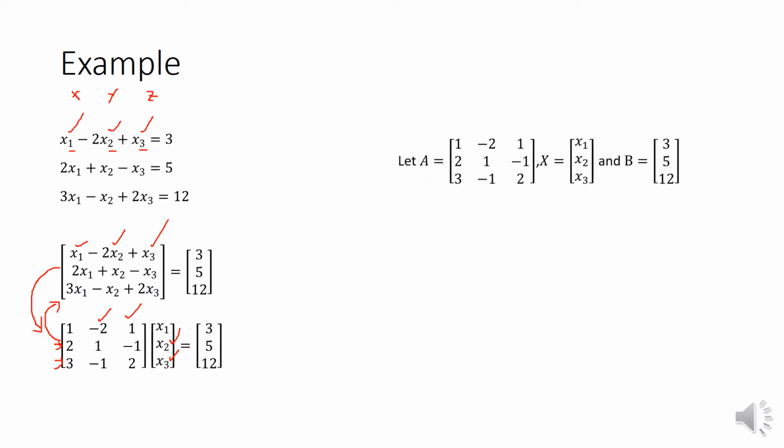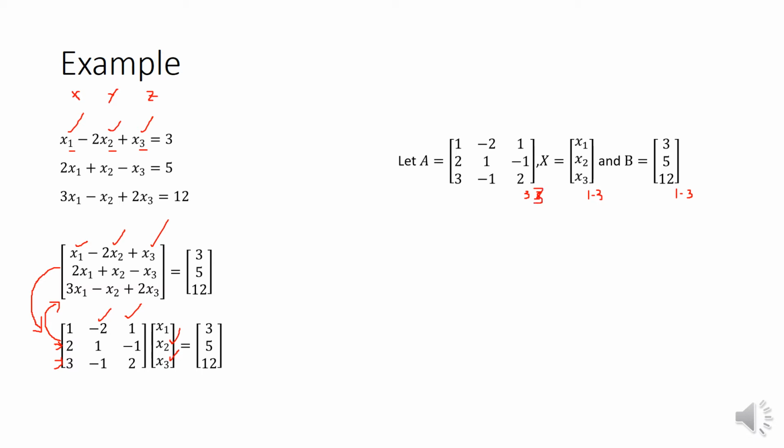Then we name them matrix A, X and B. X we usually use for the unknown, so the x1, x2, x3 matrix. The order of this is 3 by 3. This one is 3 by 1, and this is 3 by 1 again. So we should consider their order.